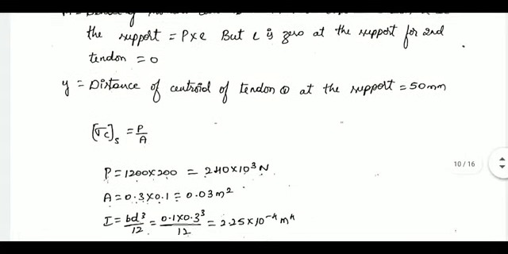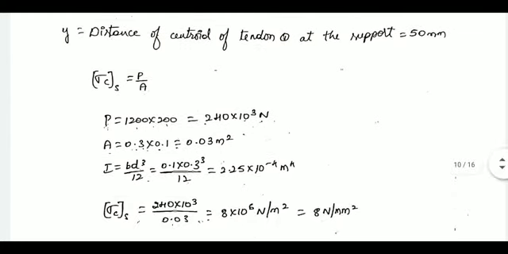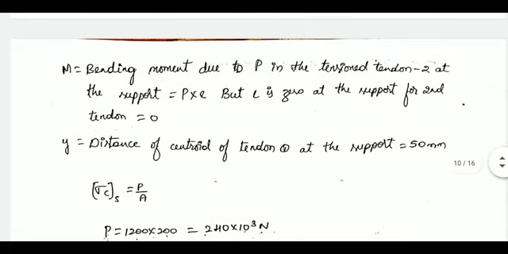Bending moment P into e, what you are going to consider. So P we have calculated, area we have, moment of inertia we have. Here we are tensioning the second cable. So bending moment of prestressing force for second cable we need to consider, and y value in the formula.